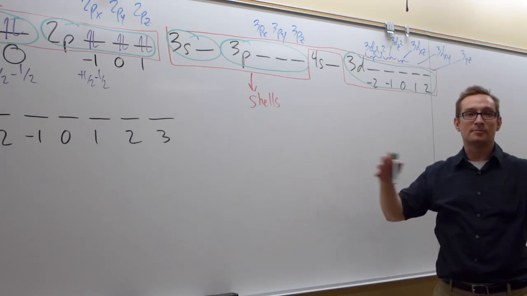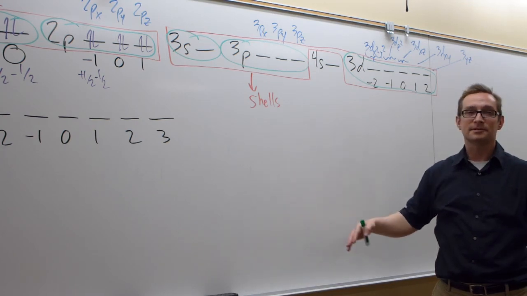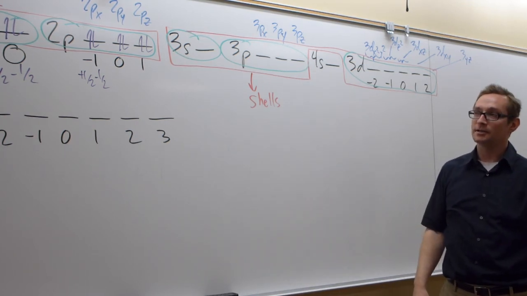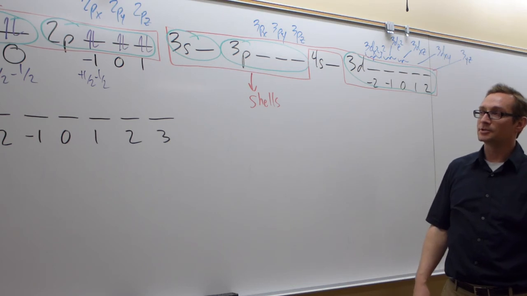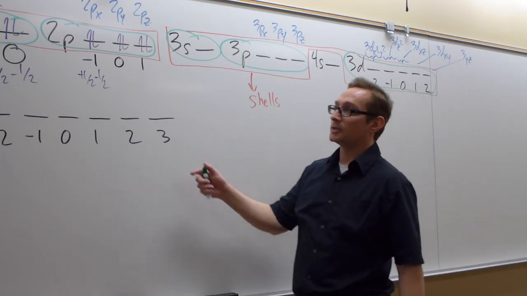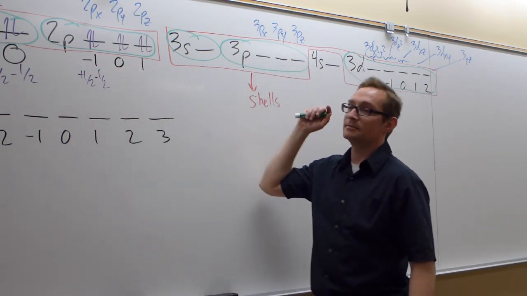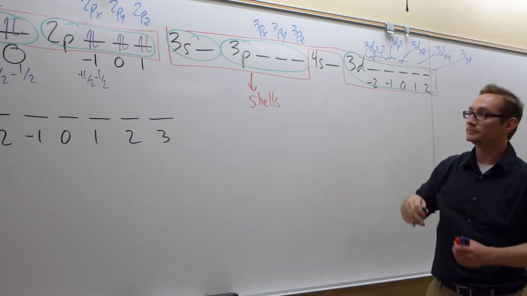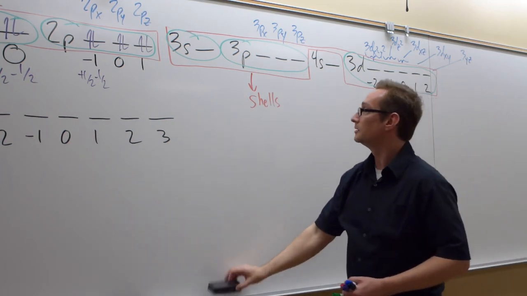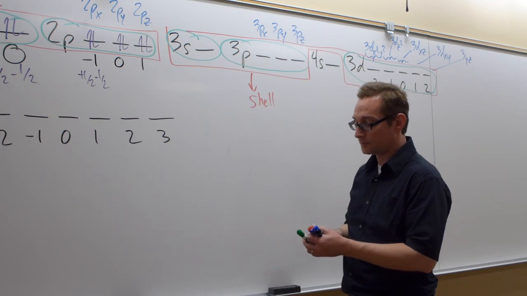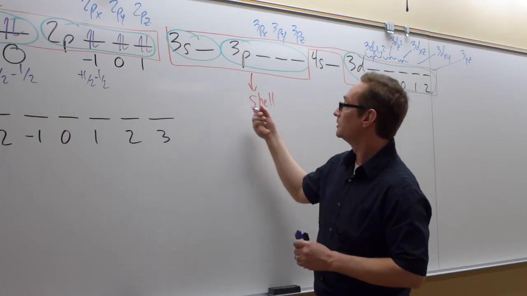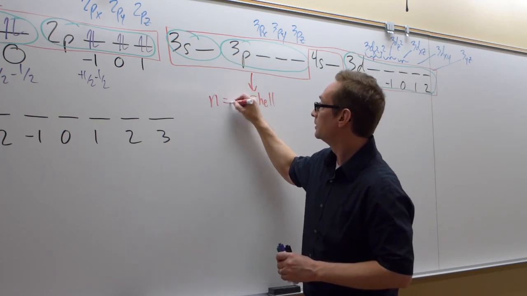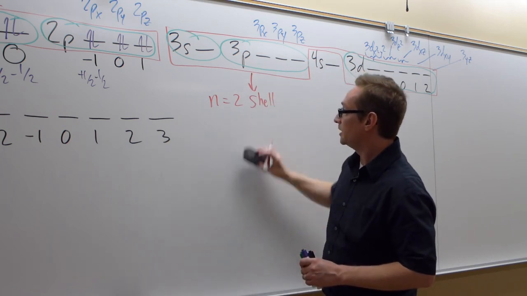They're the most broad category of orbitals. Okay, so a shell is just a row in the periodic table. A subshell, as you can see, it's broken up into s, p, and then for n equals 3 shell, you've got the 3d in there as well. Oops, this is n equals 3 shell.